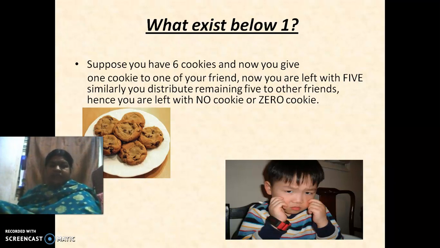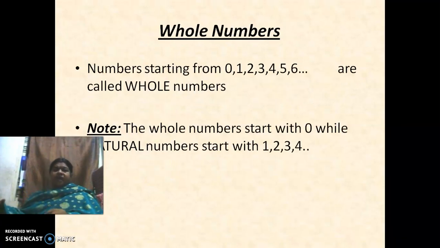So in that case, the numbers 0, 1, 2, 3, 4, 5, 6 are called whole numbers. One important point to note down is that whole numbers start with 0, while natural numbers start with 1, 2, 3, 4.